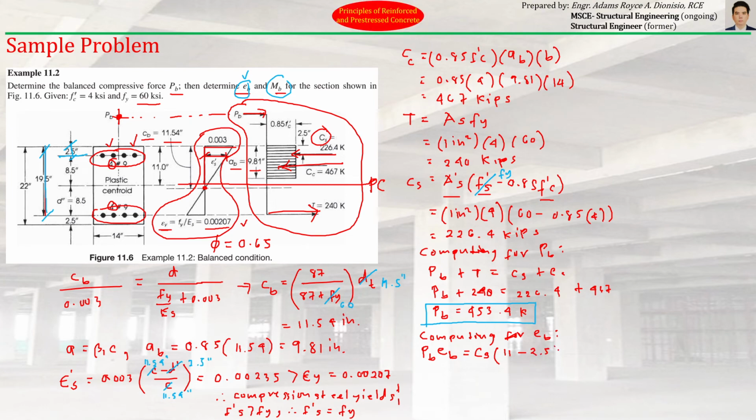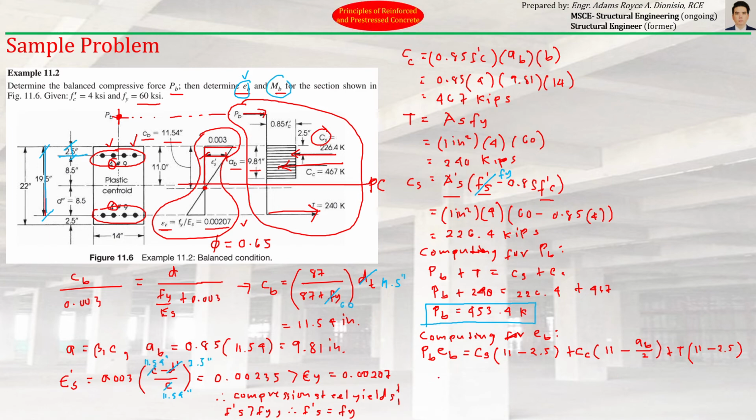Yan yung moment arm niya. Plus CC, ang moment arm niya will be 11 ulit minus half ng AB, AB over 2. Okay? And then, yung T naman, ang moment arm niya will be, actually, ganun pa rin, 11 minus 2.5 lang din.